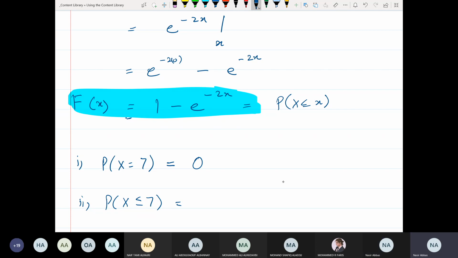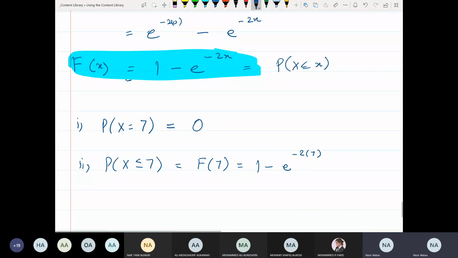Muhammad Ali: Capital F of 7. That will be 1 minus e to the power minus 2 times 7. What if I ask you to find the probability of x greater than 7?